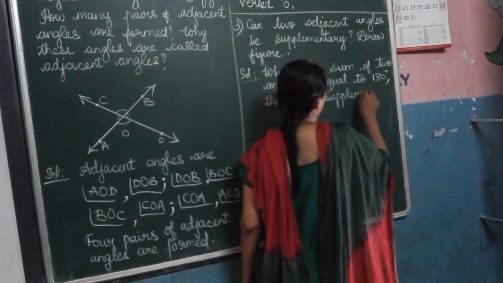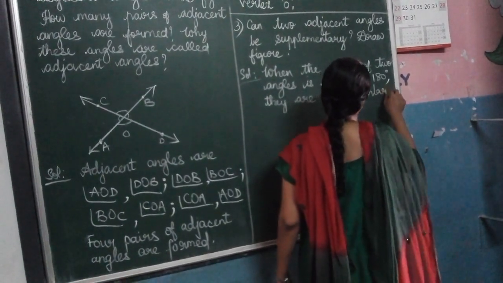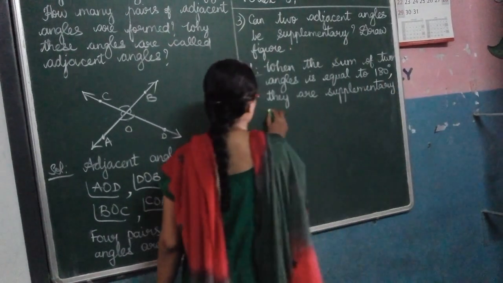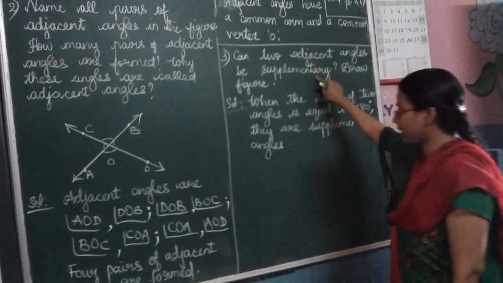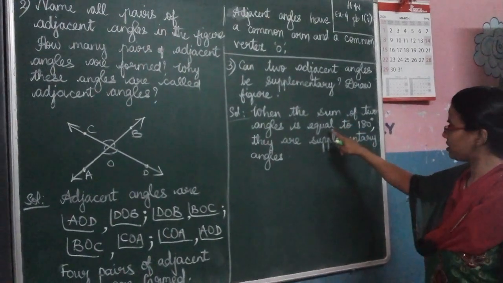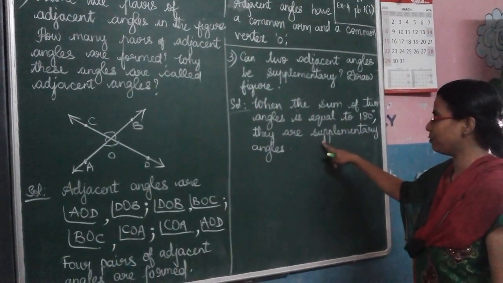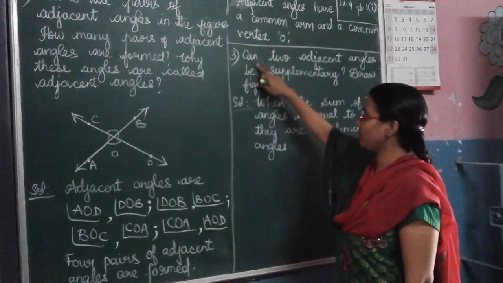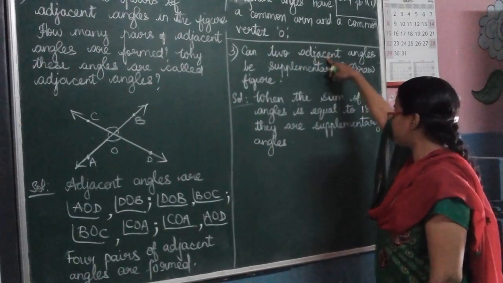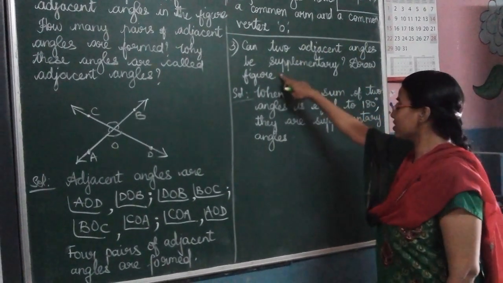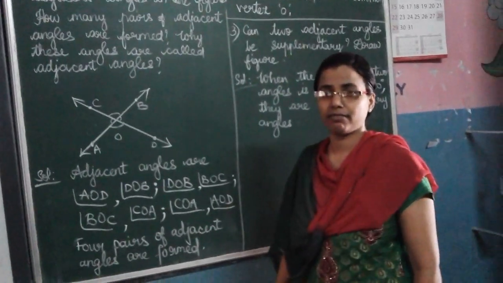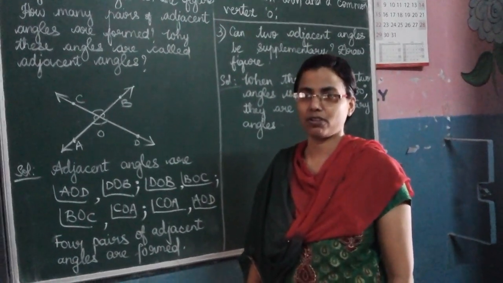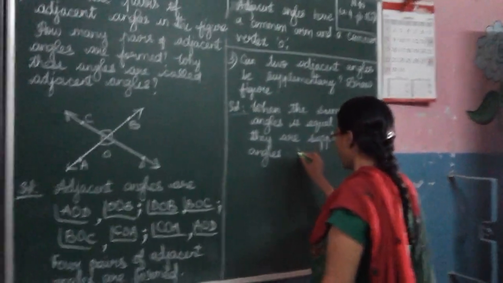This is the definition of supplementary angles. So here, the first part, you should know what supplementary angles are. What did they give me here? Can two adjacent angles be supplementary? Draw figure. Yes or no? Yes, they can be.